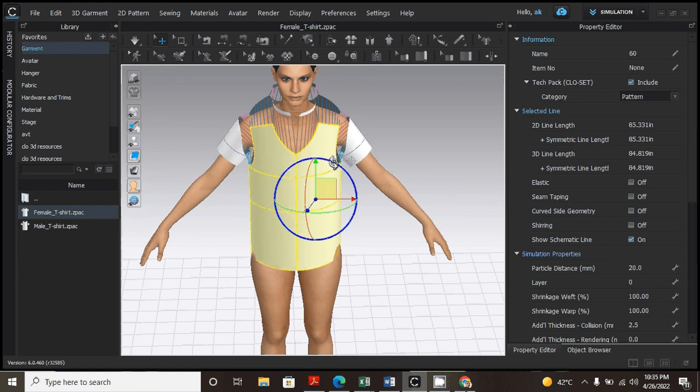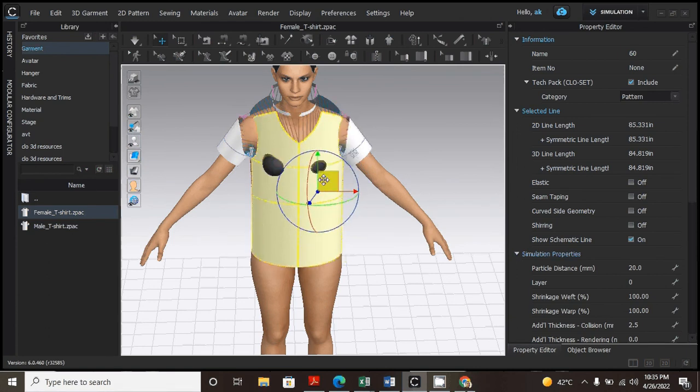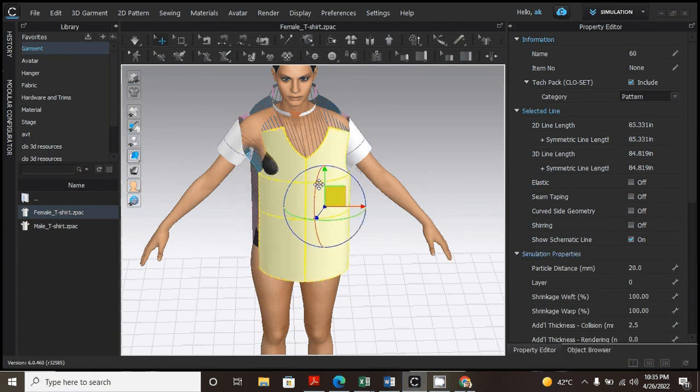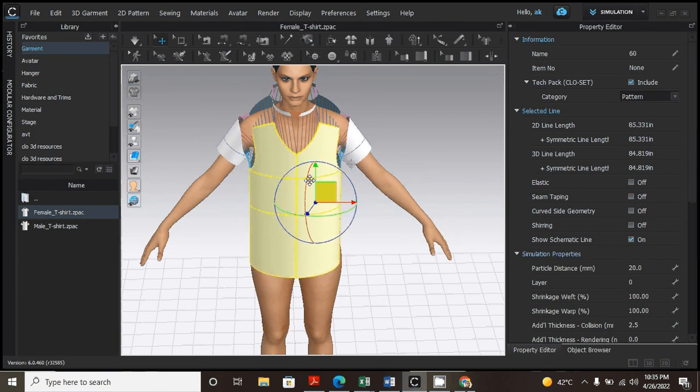One is arcs. You can see the arc in the blue line, and you can move this pattern in the same way. Another one is squares. With the help of squares you can move the pattern.